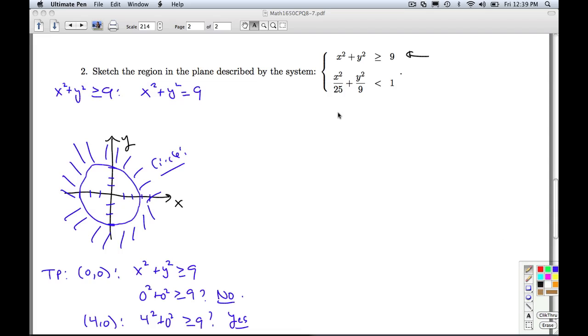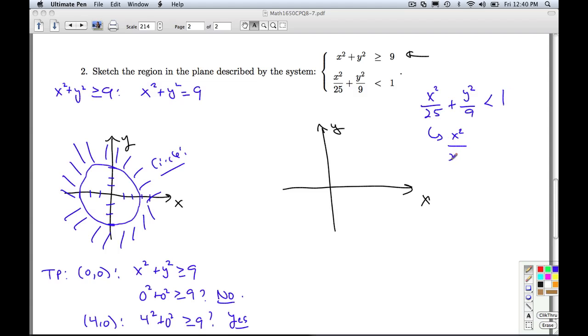Now let's go check this guy out. We've got x squared over 25 plus y squared over 9 is less than 1. So the boundary curve here is that. Hopefully we recognize from chapter 7 that's an ellipse centered at 0, 0.